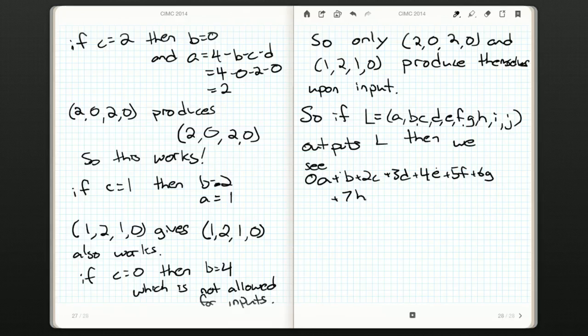Uh, 7H, 8I, 9J equals A plus B plus C plus D plus E plus F plus G plus H plus I plus J.